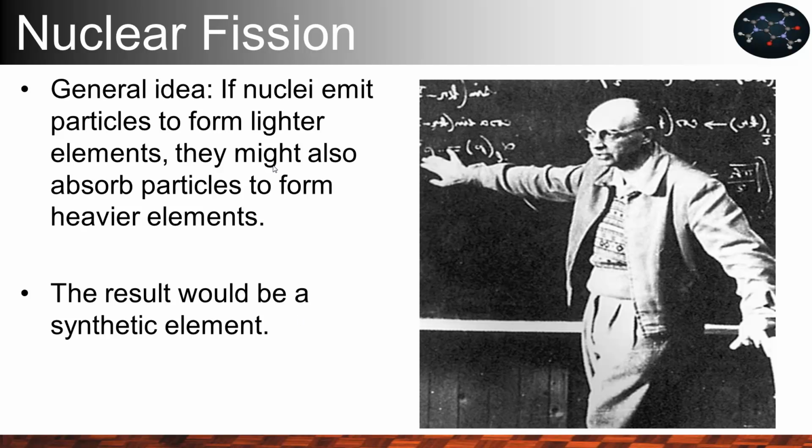And so the idea is if you can force that to happen, and you can force beta decay to occur by just slamming something else into it like a neutron, then you might also end up with heavier elements. And what you could do is you could make elements that you wouldn't normally find just by taking really heavy large elements that are at the limit of what we actually find in nature and by bombarding them with things to make them larger.